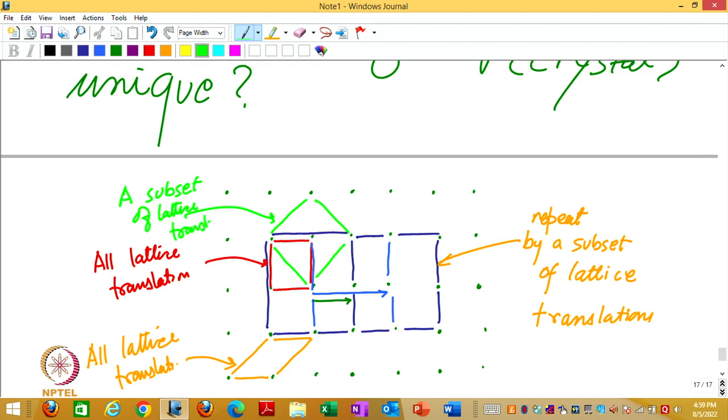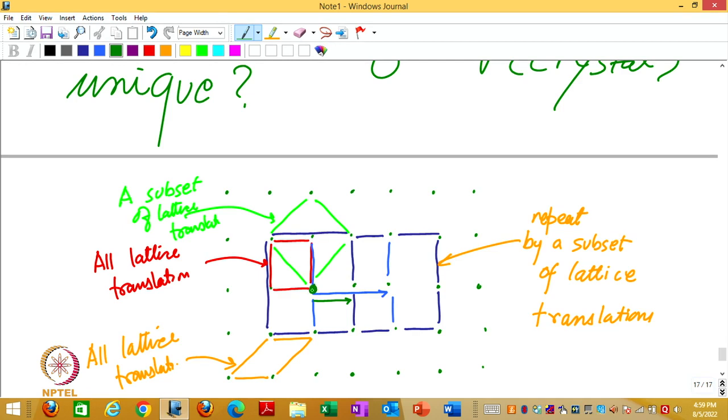So, whenever the repetition is by a subset of translations, what is the characteristic of that unit cell in terms of its relation to the lattice points? And whenever all lattice translations are being used, what is the relation of the unit cell with respect to the lattice points? There is no point inside. You see here there was a point inside the bigger blue unit cell.